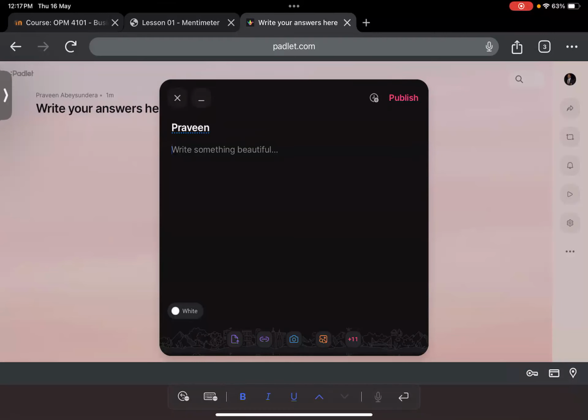For example, if I'm considering purchasing a mobile phone online, this is the process that I am familiar with.